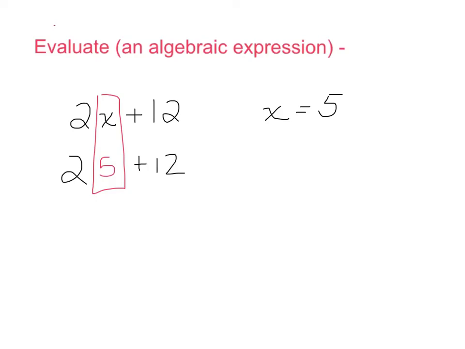But once again, it's important, once you substitute the 5 in for the x, remember to write the multiplication. It's not 25, it's 2 times the value of x, 2 times 5. And that becomes an order of operations. 2 times 5 is 10, plus 12 is going to be 22.